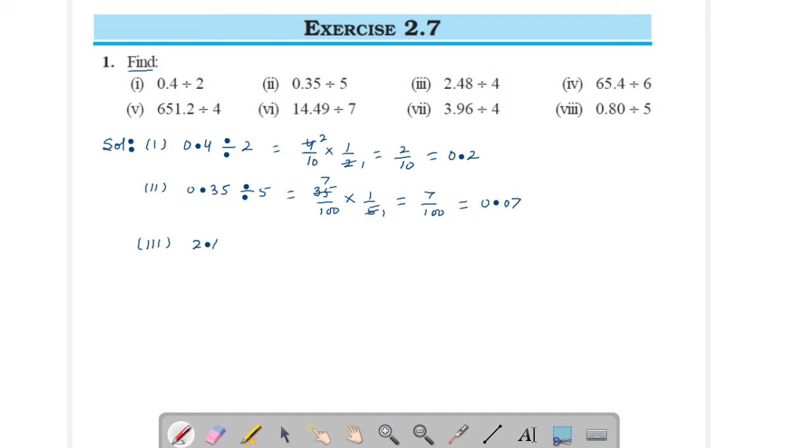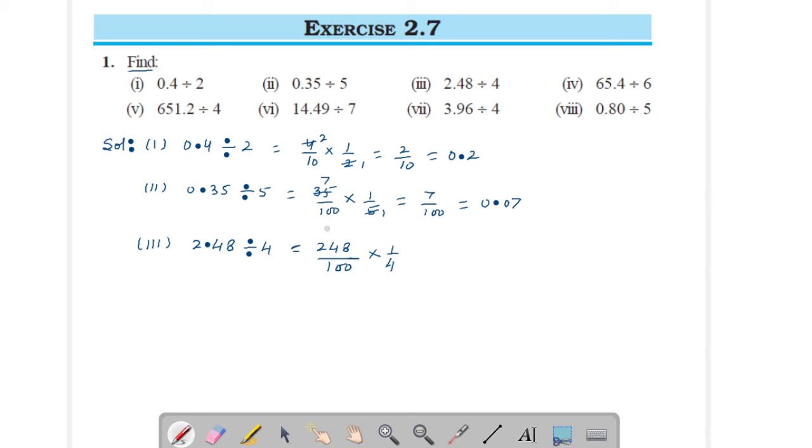2.48 divided by 4. Here again remove the decimal. It can be written as 248 upon 100 into reciprocal of 4, that is 1 upon 4.